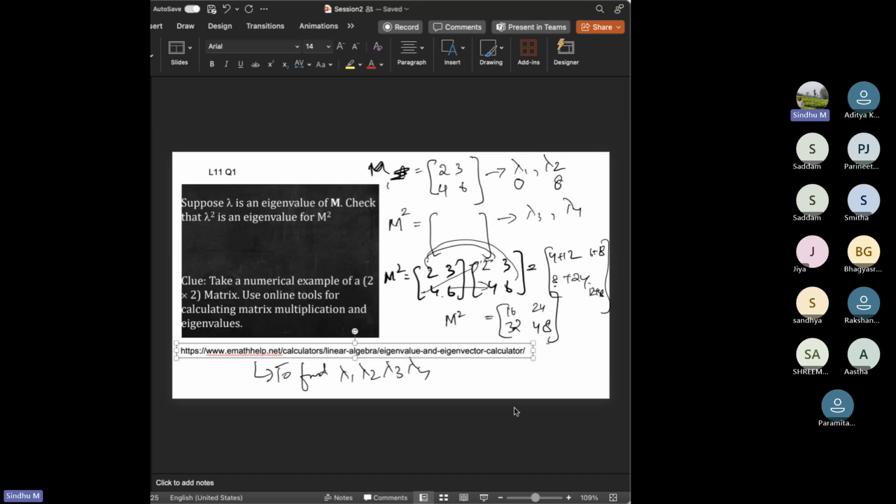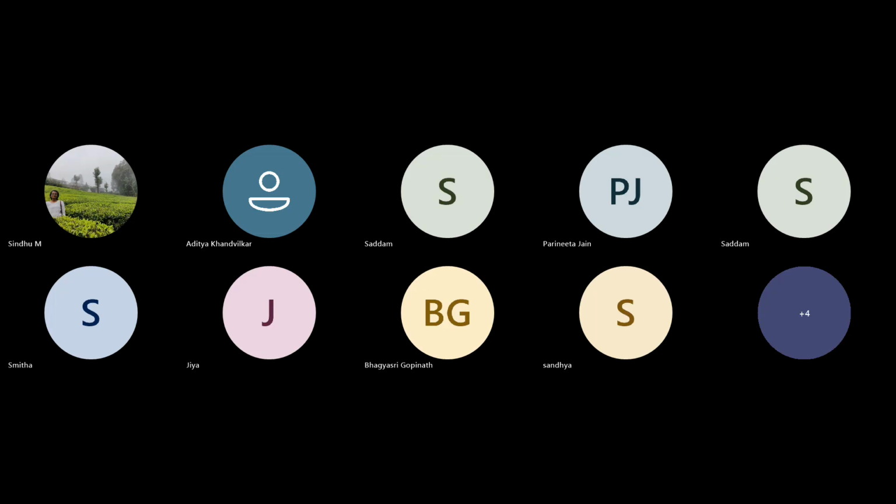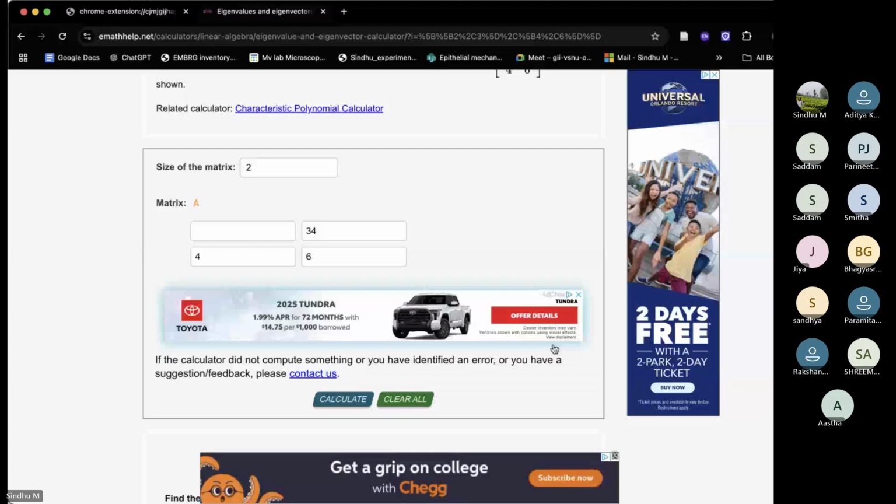So let's go back to the calculator. I'm just typing the values for M square that we got.